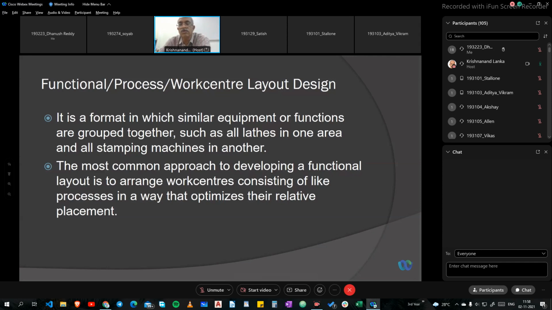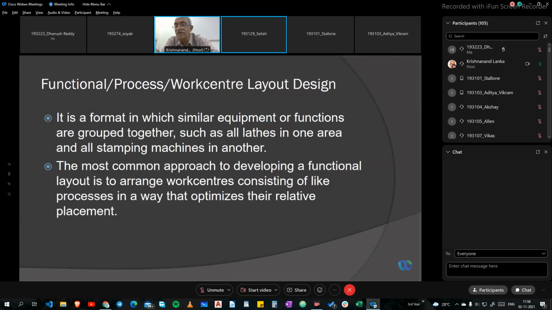In fact, NIT Warangal also, you can take in one way as a functional layout. The workshop is also a kind of factory. In the NIT Warangal workshop, every lathe machine is placed at one place, in a line.